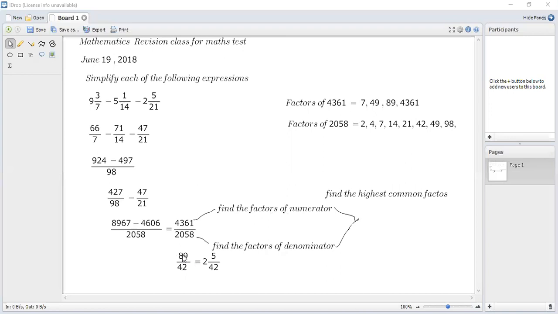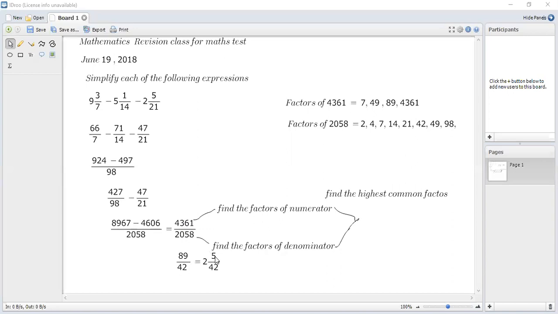When you find the highest common factor of both the numerator and the denominator, you use it to divide both, bringing it down to its lowest term. If it is written as an improper fraction, you divide the numerator by the denominator, and you use what you get as the whole number and the remainder as the numerator. That's it.